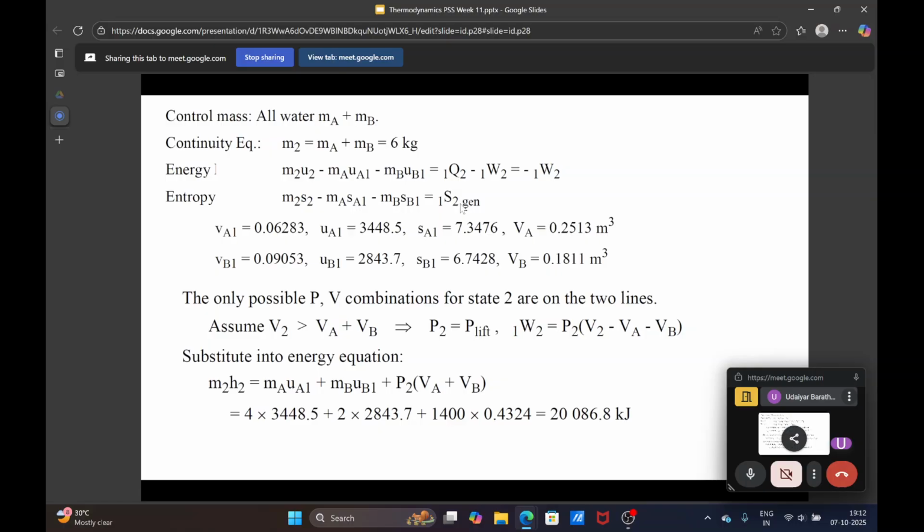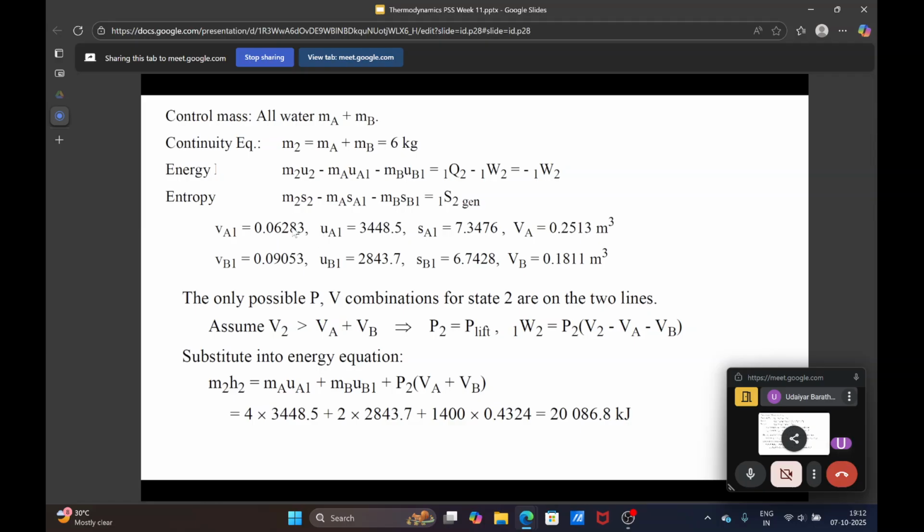So based on the initial conditions for tank A, the specific volume is 0.06283, the internal energy is 3448.5 and entropy is 7.3476 kilojoule per kg Kelvin. And the volume is 0.2513 meter cube. This is your mass 4 multiplied by 0.06283.